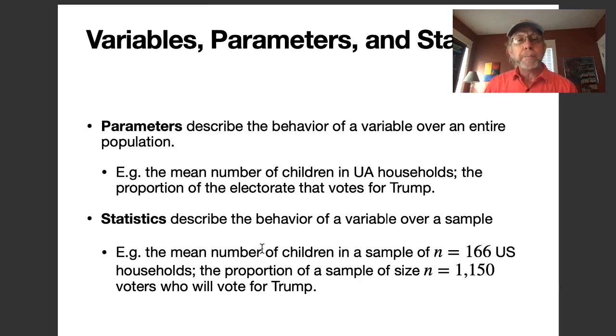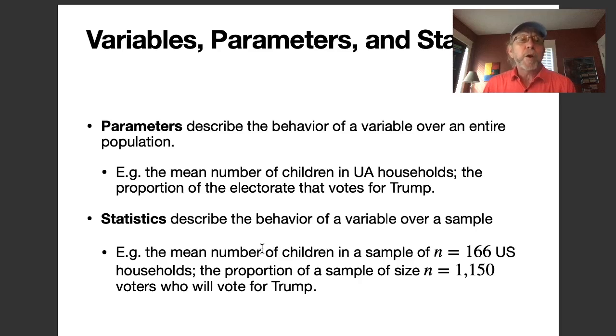There's a relationship between this idea of a variable and the idea we've discussed previously of parameters in statistics. Namely, parameters in statistics are really ways of describing variables. A parameter describes the behavior of a variable over an entire population.